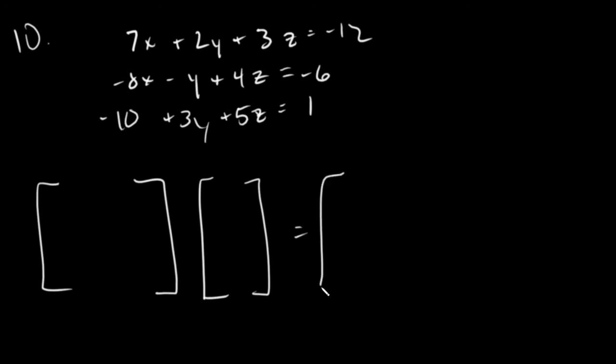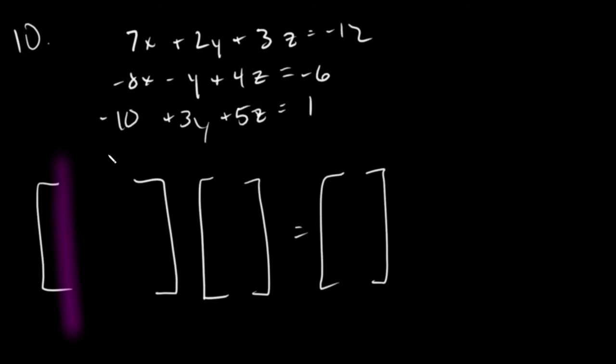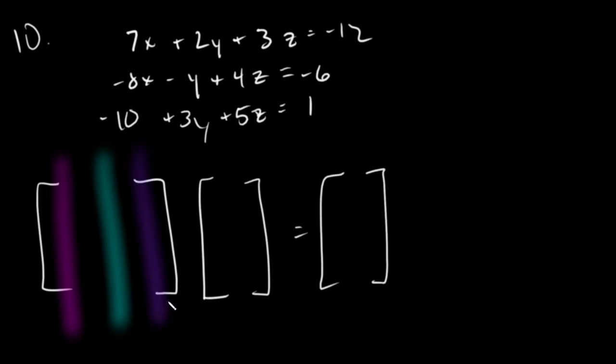you need to make all of this column X, all of this column Y, and all of this column Z. Now, it's actually not very necessary that they're in that order, but for the sake of simplicity, you should make them in that order.